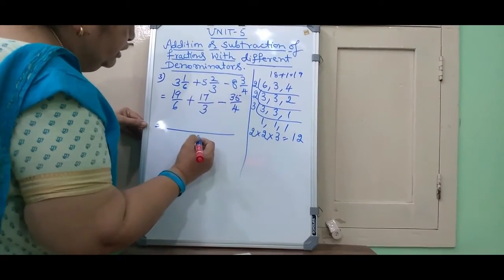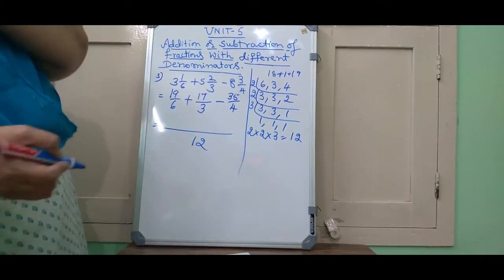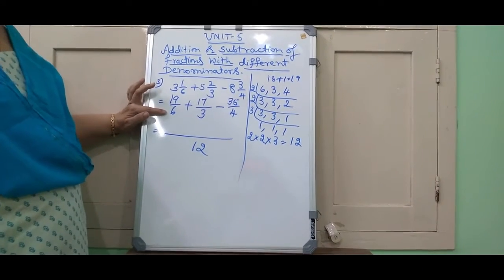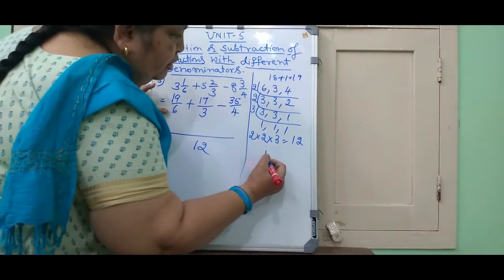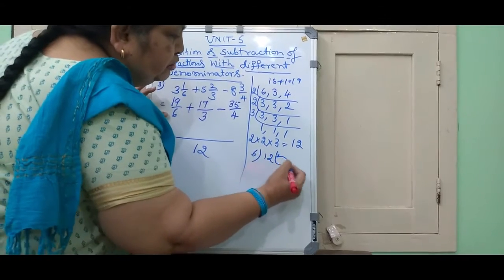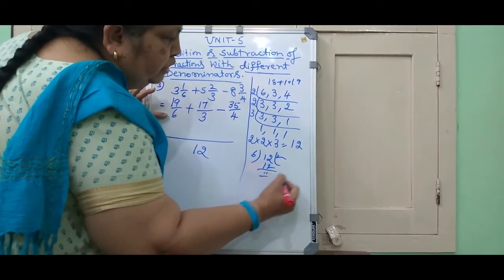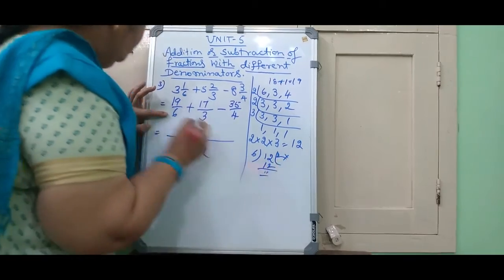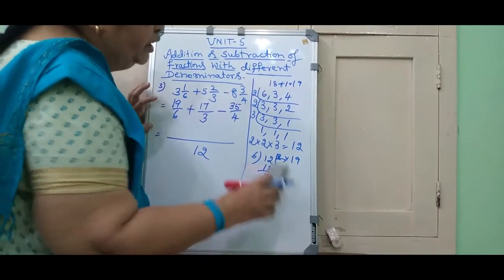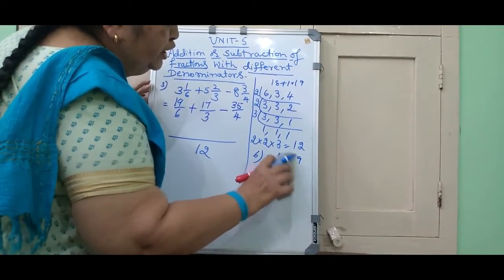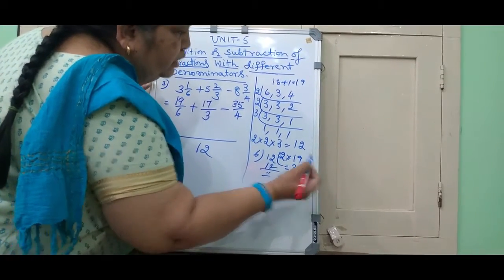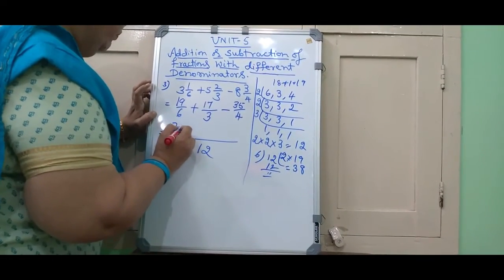Now let us write 12 as the denominator of the fractions. As I told you, the LCM is 12. The denominator of the first fraction is 6. 6 2s are 12, so this 2 must be multiplied by 19. 2 into 19 will be 38.